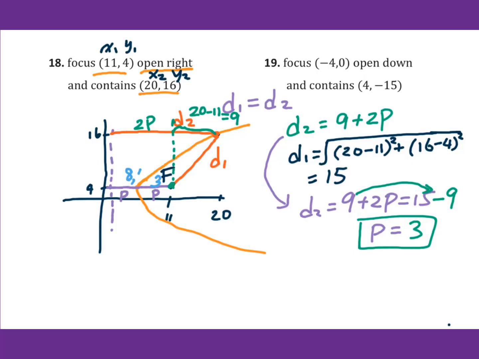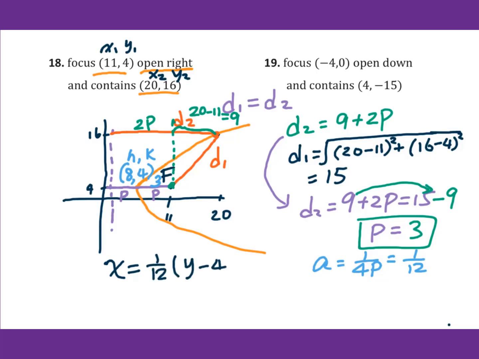Then (8, 4) will be the vertex. We got p equals 3 and a equals 1 over 4p, which is positive 1 over 12. Therefore, we can write down the equation. That will be x equals a, here 1 over 12, times (y minus 4) squared plus 8. This will be the equation of this parabola.